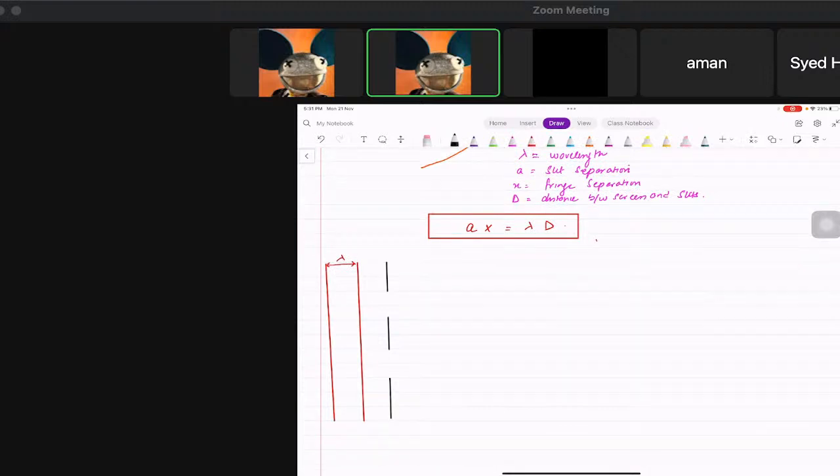From here to here, you would say this is my slit separation. When you see the screen, on the screen you'll see a maxima, and then another maxima, another maxima, like that, right?